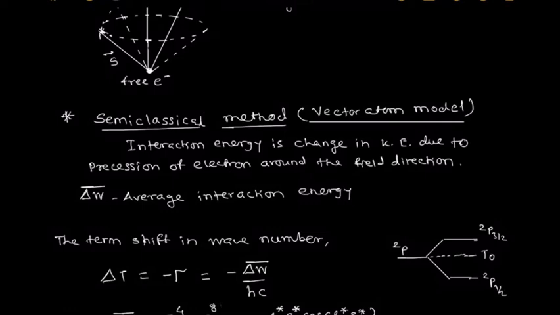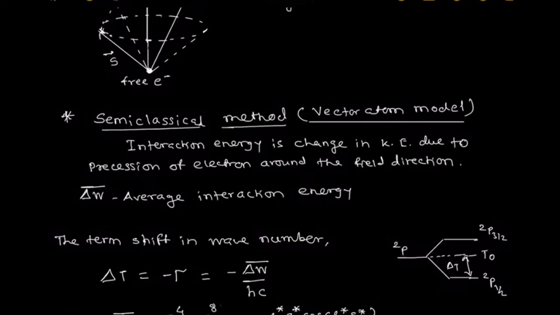Now, how each fine structure level is shifted from T0, we calculate by using the term shift in wave number. This term shift we denote by delta T.